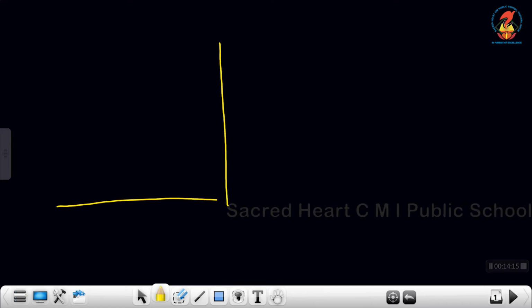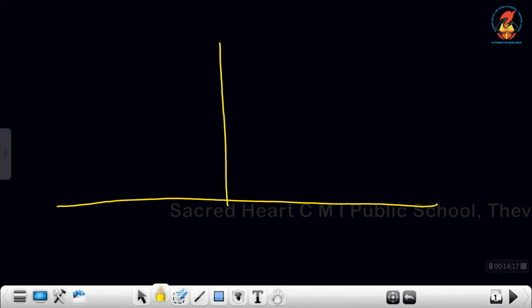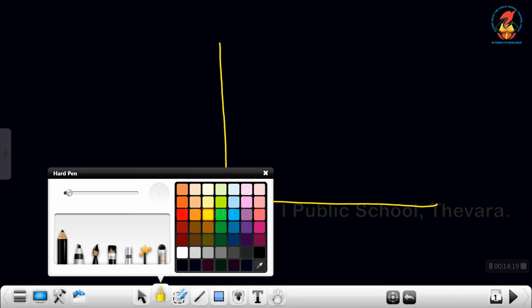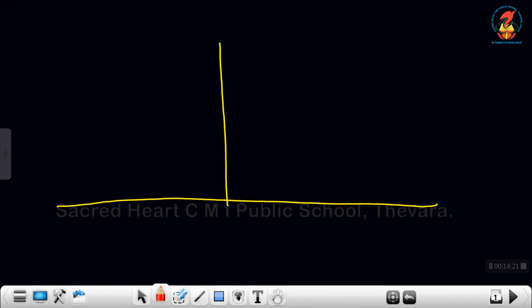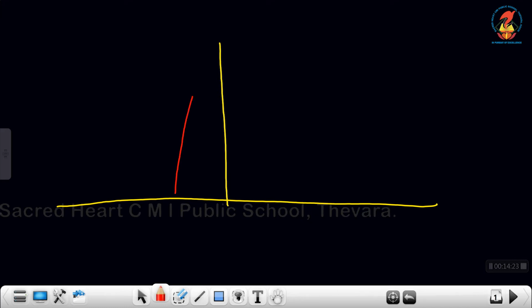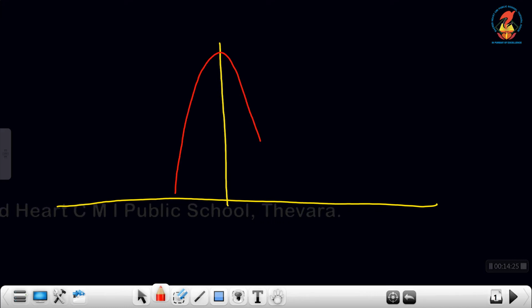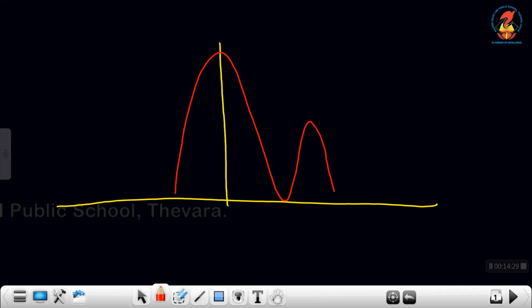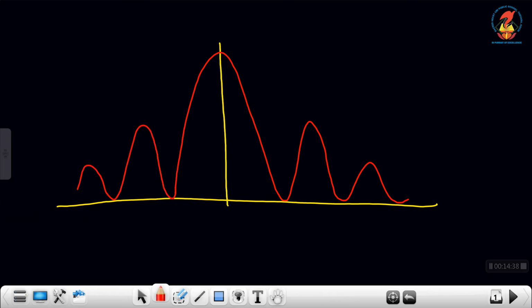If I draw the intensity distribution curve, the central fringe will have maximum width and maximum intensity. So this is the central fringe. Then the width will decrease. This is how you have to draw the pattern.